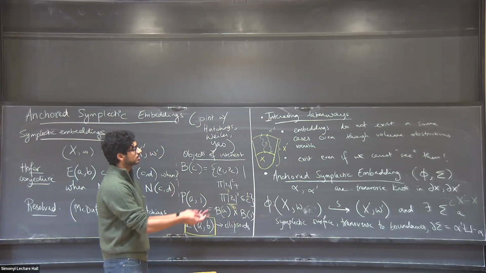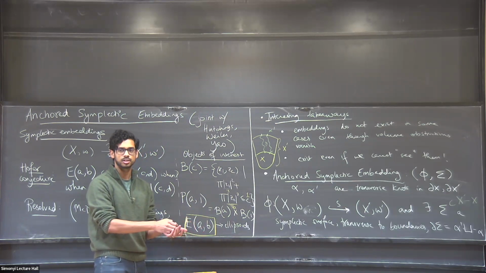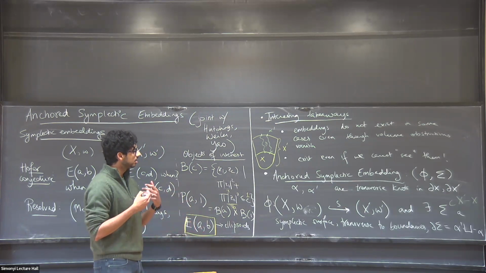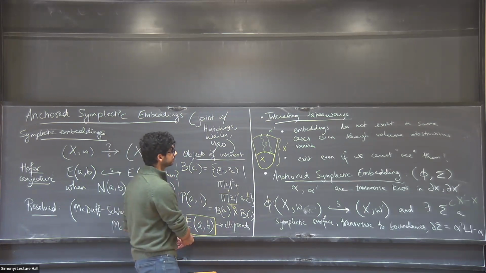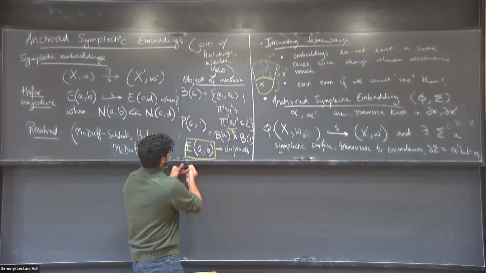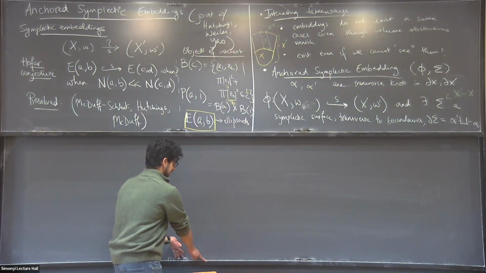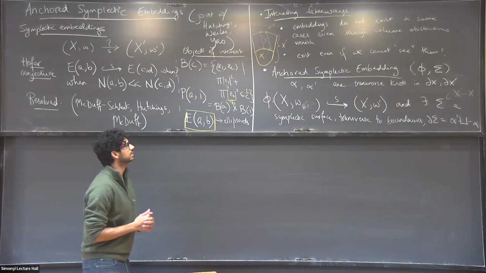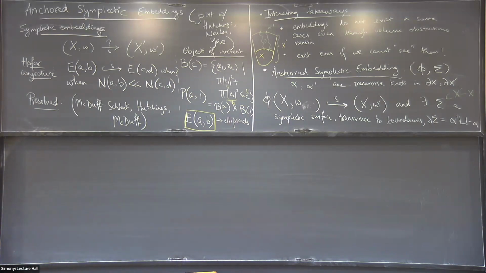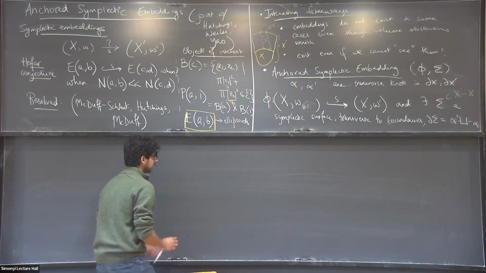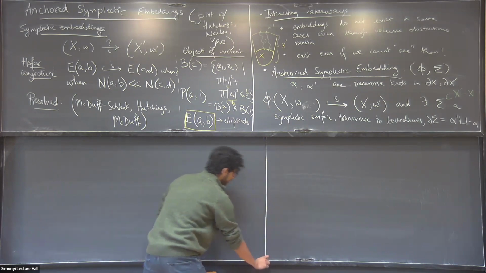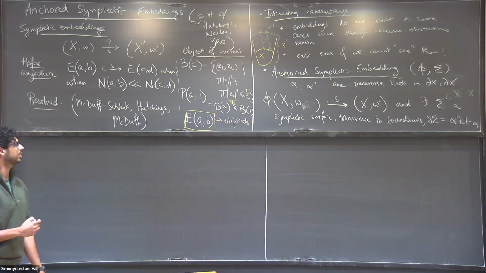A natural extension of that to the symplectic world is to ask, well, when can you have symplectic surfaces between knots in the cobordism? So that's setting up the main question we're looking at, and that's the definition of an anchored symplectic embedding.